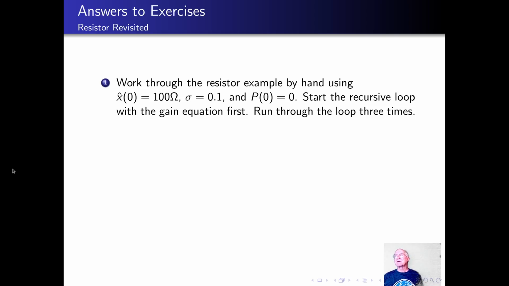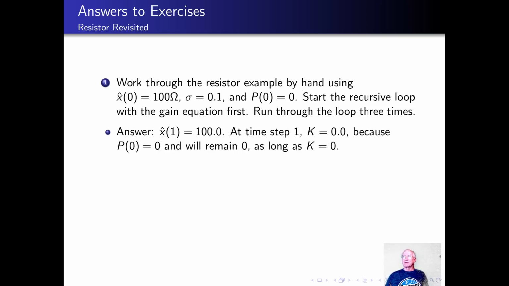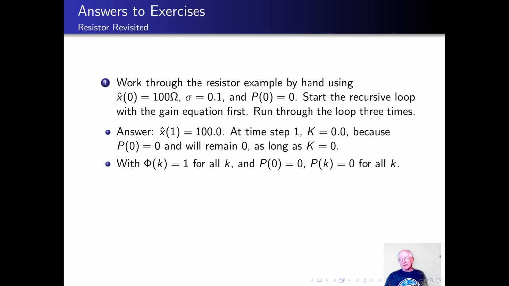So for the resistor, as you recall, we set the initial values, but the kicker here is that we set the covariance to 0. And then if you crank through the recursion a couple of times through the loops, you'll see that K never changes, and so the estimate really never changes from the initial value. Okay, and that's due to the fact that P of 0 is 0, of course, but because phi of K is 1, there'll be no change in the estimation.